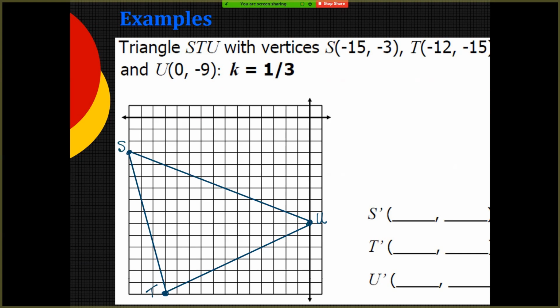So here I've gone ahead and drawn in the original triangle STU, and now we're going to fill in the coordinates for S prime, T prime, and U prime.